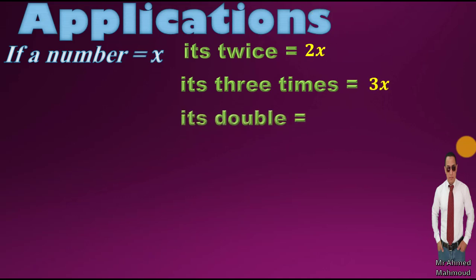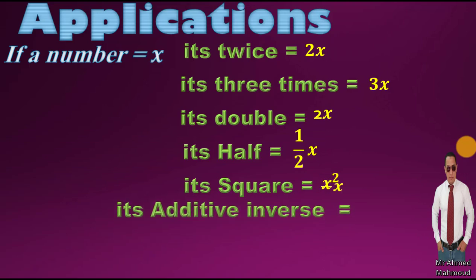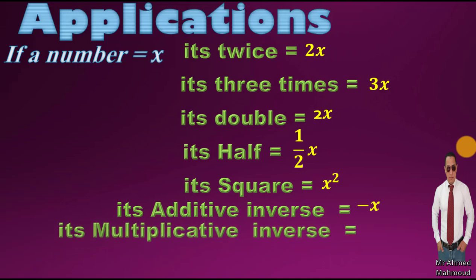Double the number is 2x, half the number is half x. The square of a number means this number to the power of 2, so it will be x to the power of 2. The additive inverse of this number will be negative x, and the multiplicative inverse of this number will be 1 over x. These are some keywords that will help you, inshallah, to solve the questions.